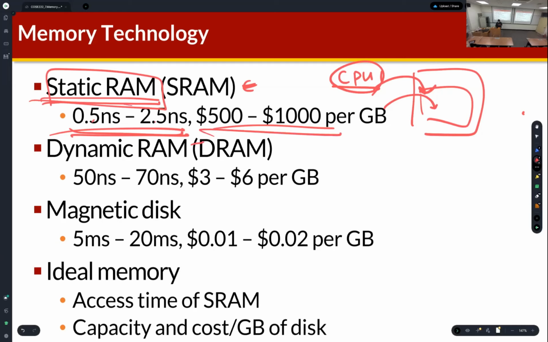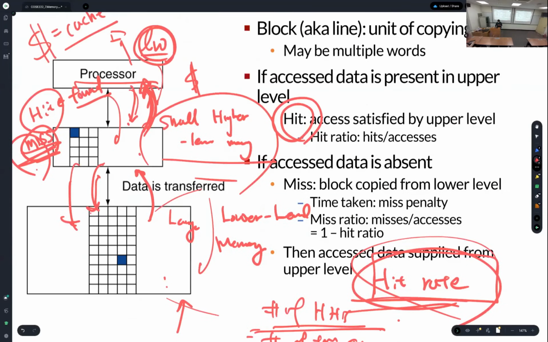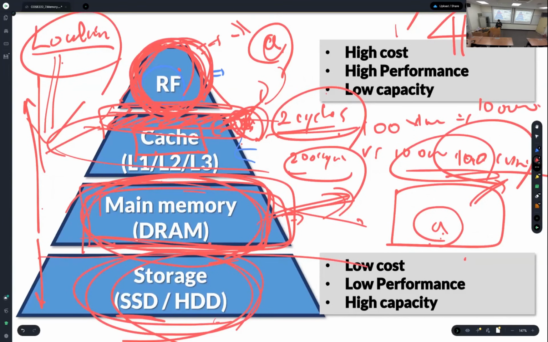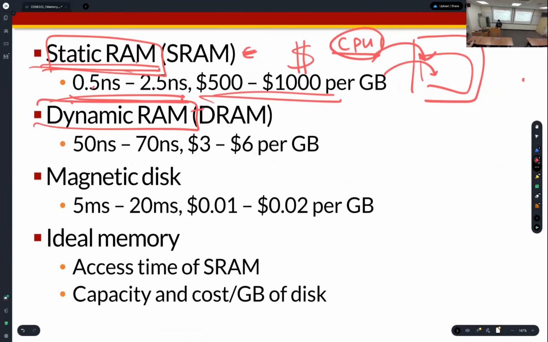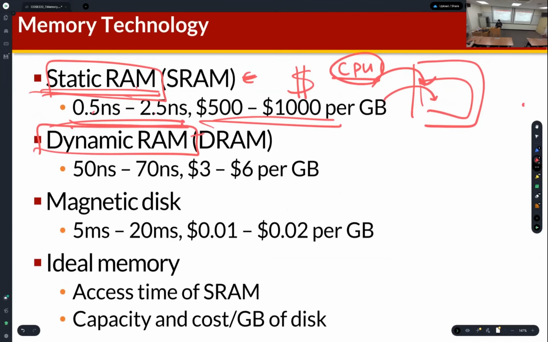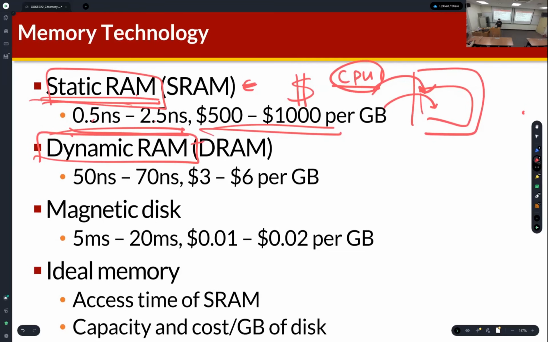So we use this SRAM for the cache. In this figure you can find that the cache is here. For this cache we use SRAM. And DRAM, I believe you are familiar with DRAM because DRAM is manufactured by Samsung or SK Hynix.